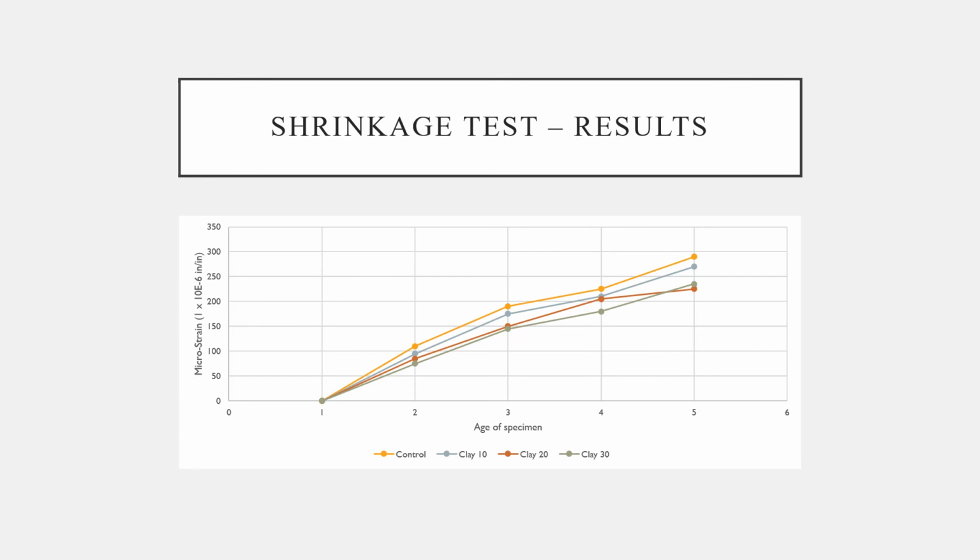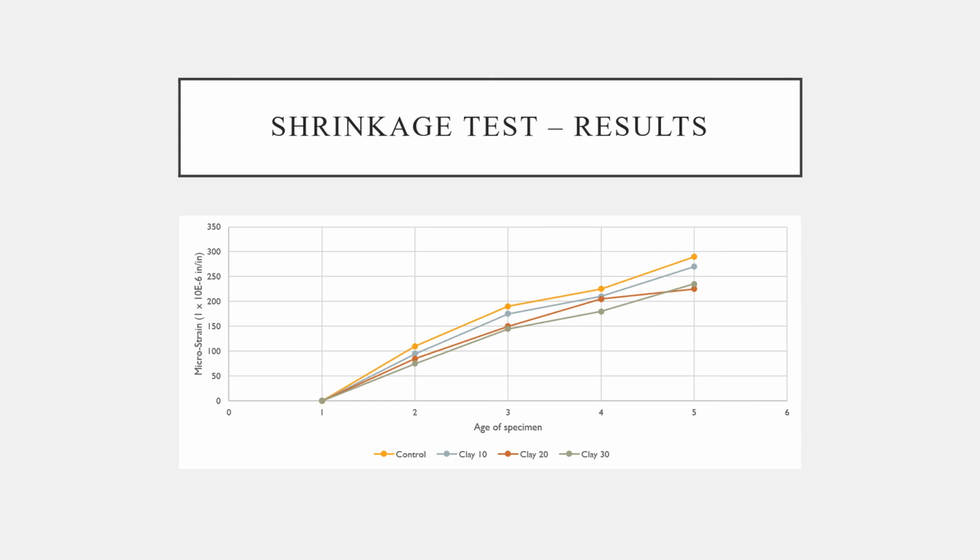Here, let's say using Clay 200 and 300, we're talking about 240 microstrain as compared to close to 300. We are talking about 20-25%, sometimes close to 30% savings in microstrain in shrinkage of concrete. That is a great step in stopping shrinkage at early age for freshly poured concrete using lightweight aggregates as internal curing agents.